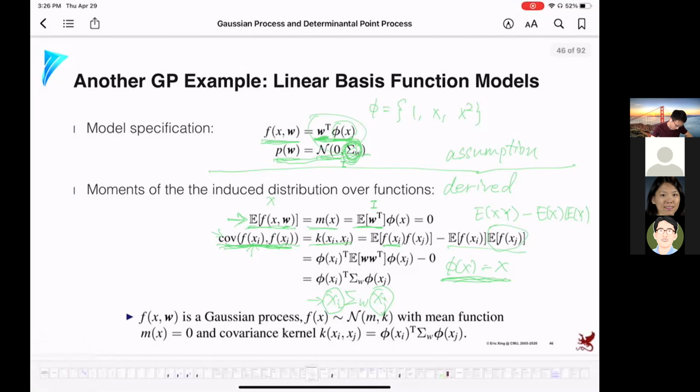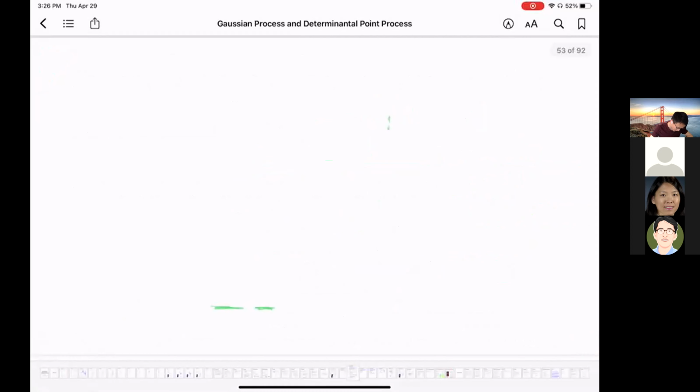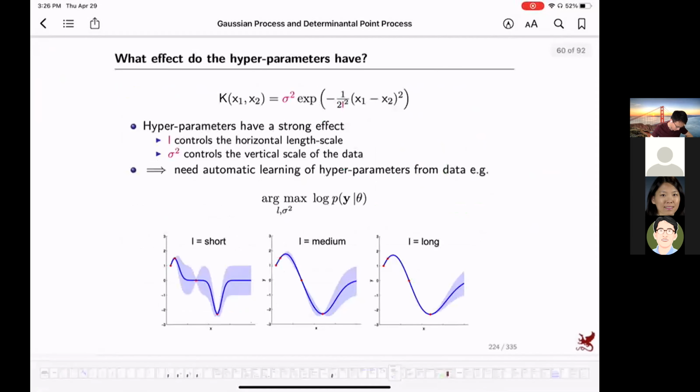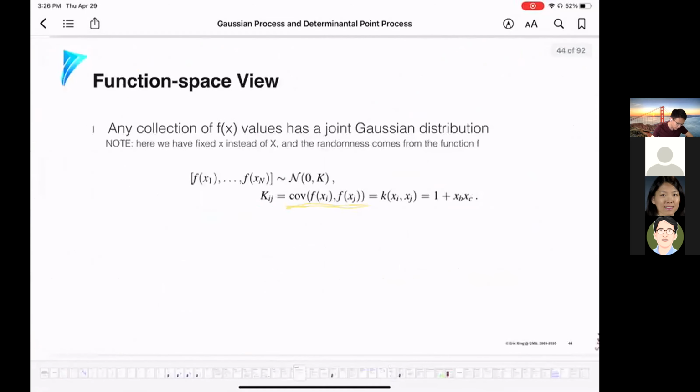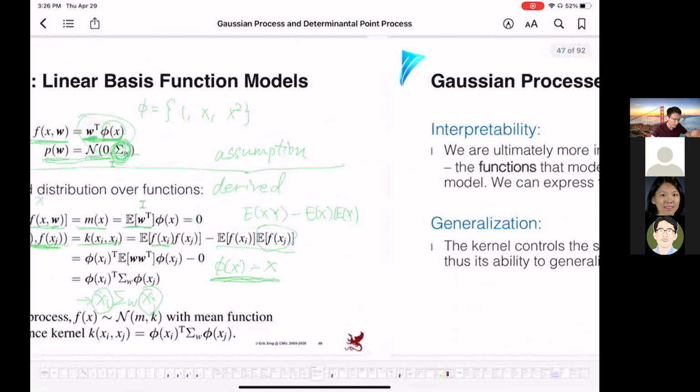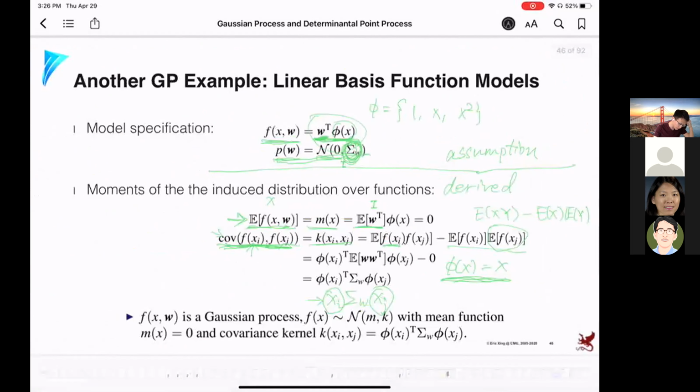Okay, so I guess I have some visualizations. Also, I want to point out one thing that might cause some confusion. I totally agree that this particular model we are showing on this page is not a good model. Why is it not a good model? Because our mean function always gives us 0. That's a ridiculous result, right?